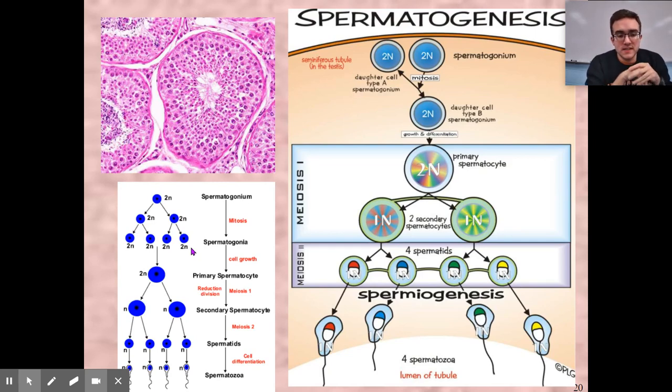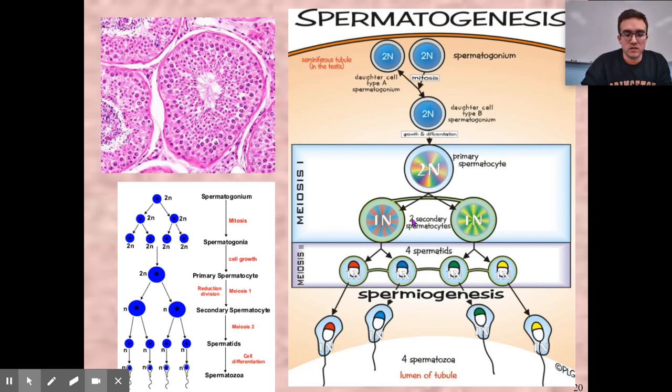The formation of sperm, called spermatogenesis, follows the meiosis process exactly. Okay? So we start with one cell, our primary spermatocyte.